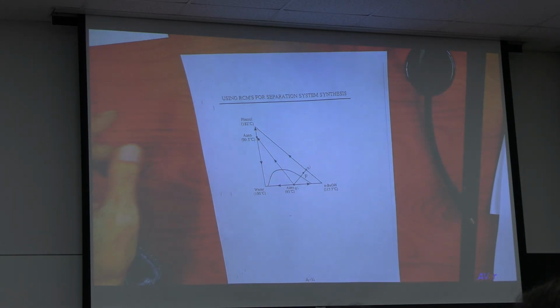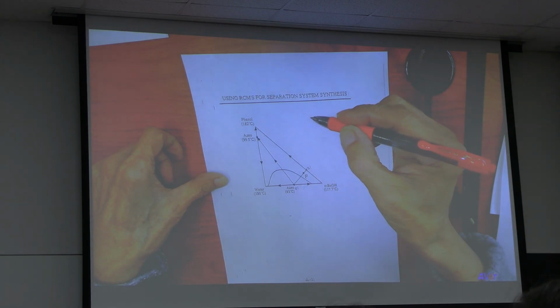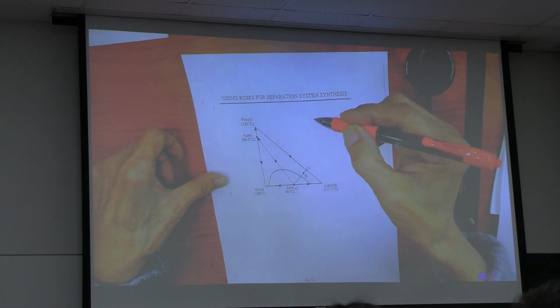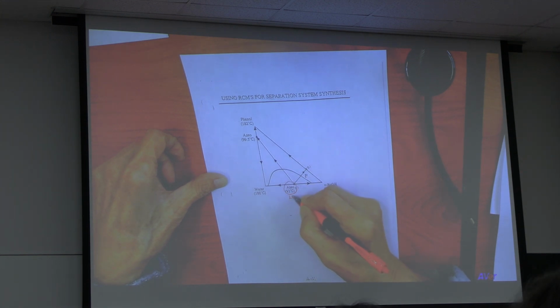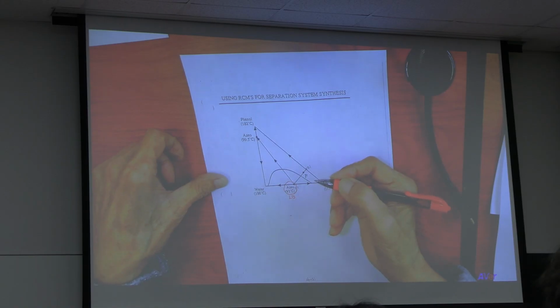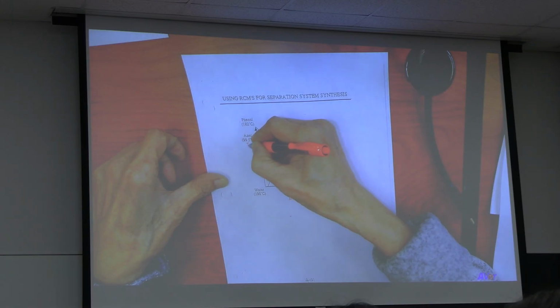In this example, this is the low boiling binary azeotrope (99.5), intermediate boiling.